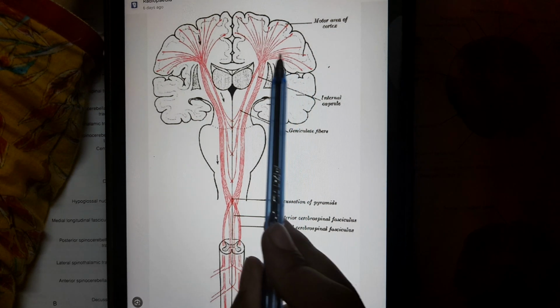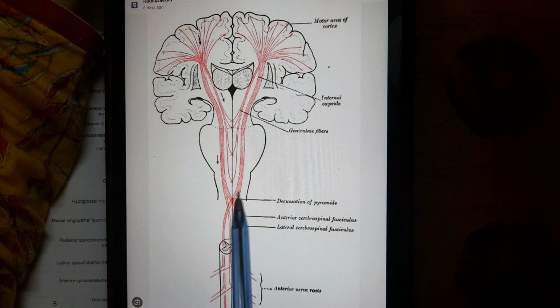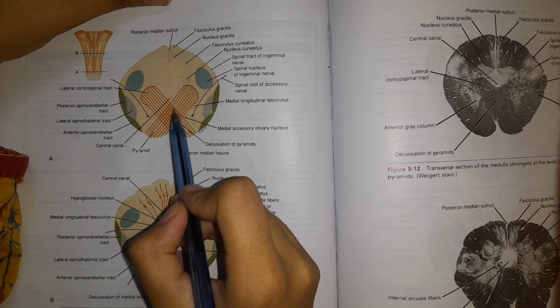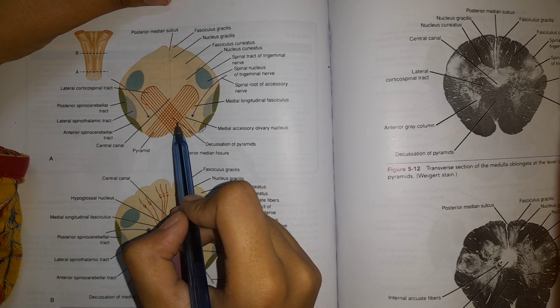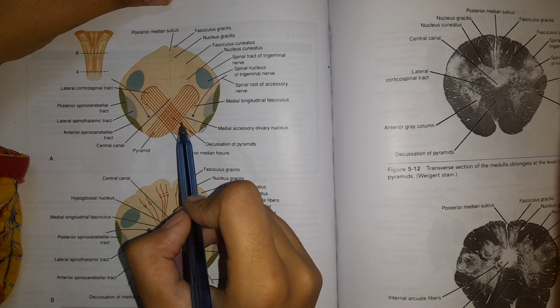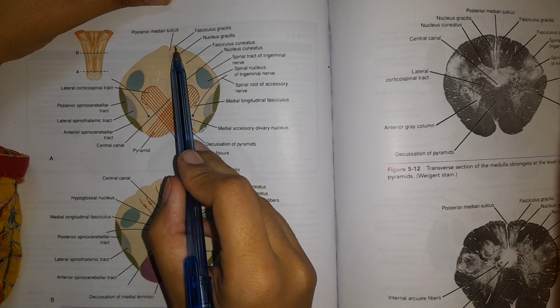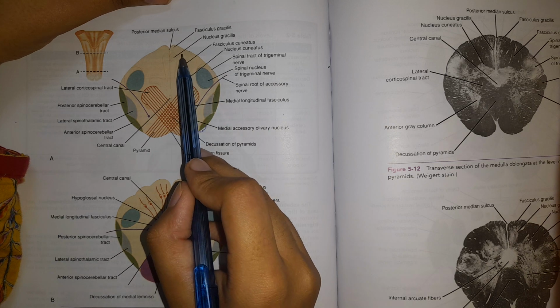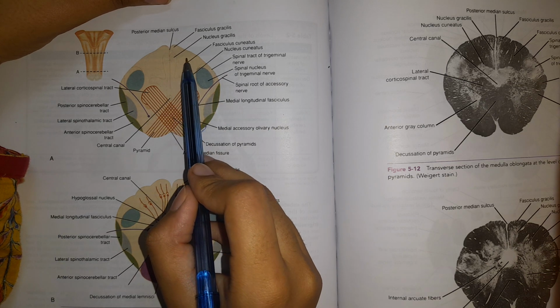You can see all of this explained in my descending tracts video that is in the upper portion of this playlist. So one descending pathway is over here. This is the corticospinal or the lateral corticospinal tract that is undergoing decussation. Major thing about this is the decussation of the lateral corticospinal tract. On the posterior side, the gracile tubercle and the cuneate tubercle, along with nucleus gracilis and nucleus cuneatus.